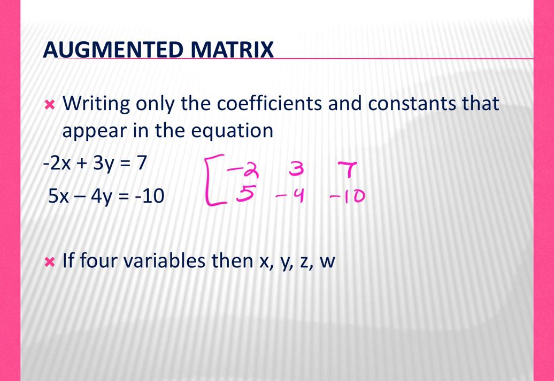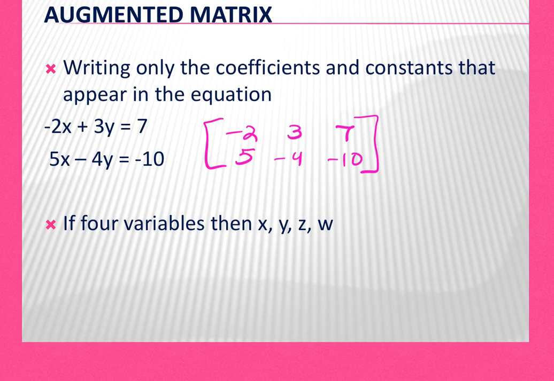You will see it written like that, and sometimes you will see it with two little dots where the equal sign was. Eventually, we will eliminate those two dots, but you can see it both ways. I would say either way is right if you're just writing the matrix from the equations. So the x's go, the y's go, the constants go.